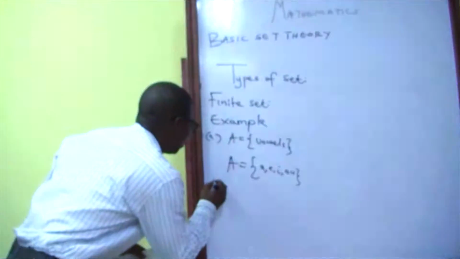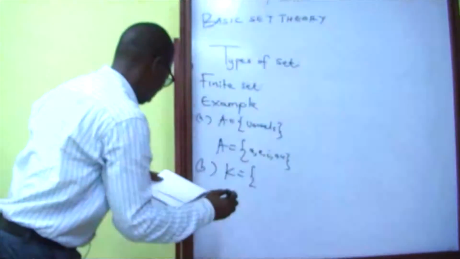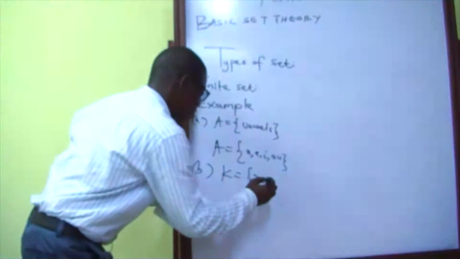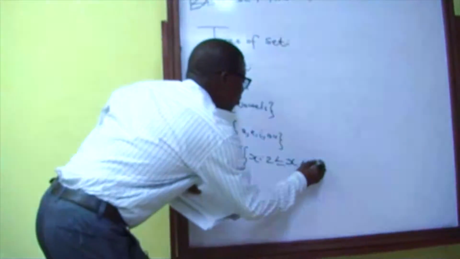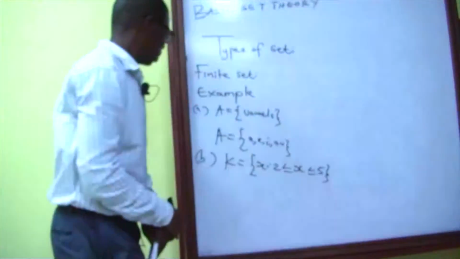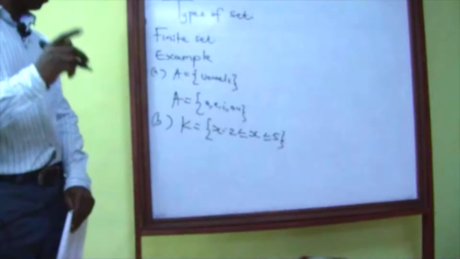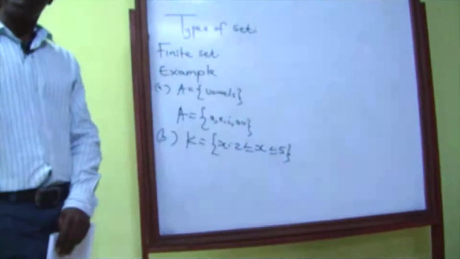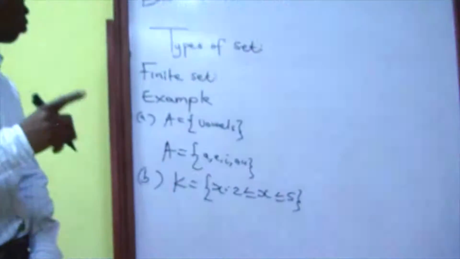Let's take another example. K is the set of x such that 2 is less than or equal to x, less than or equal to 5.